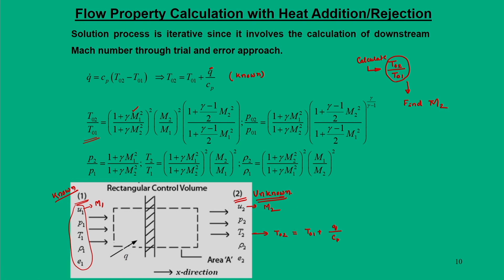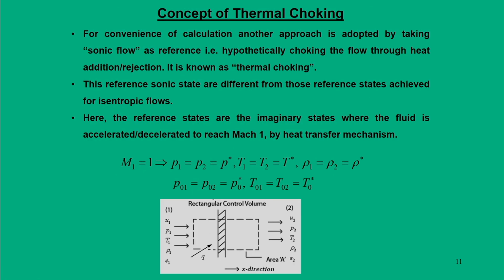To avoid such calculations, we are now going to propose a concept with respect to a reference condition. So, what does this mean? Had the flow been sonic at the exit, what would have been its condition?